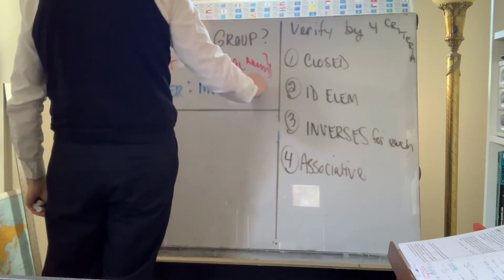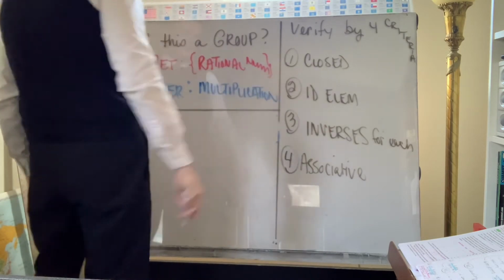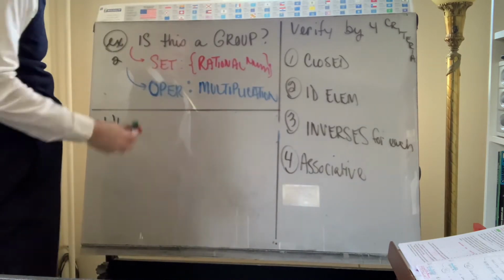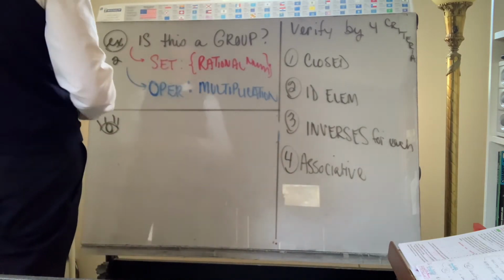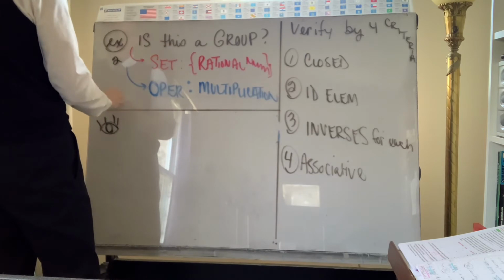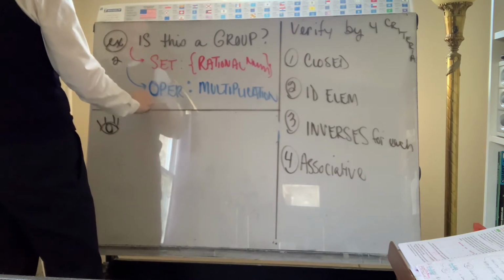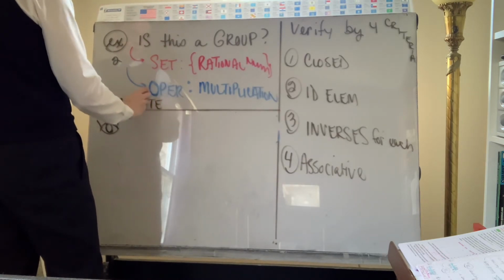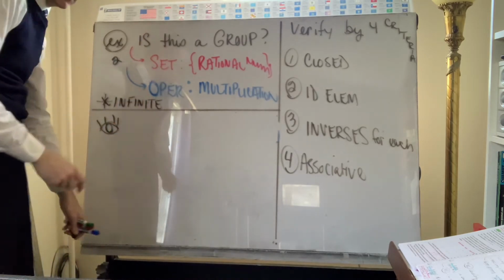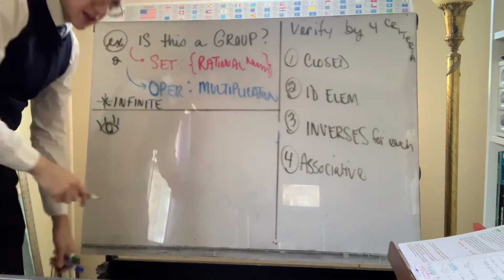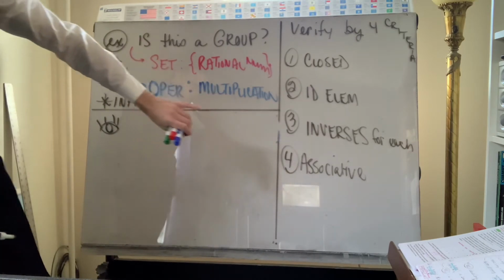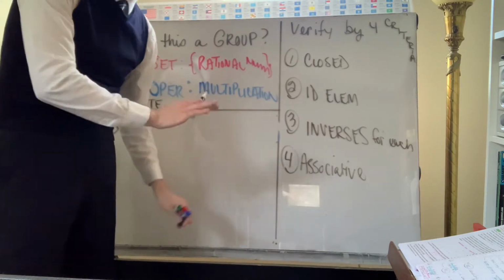Now again, because they're just specifying rational numbers, this is another situation where we're dealing with something that is infinite. So in theory, we really can't do everything, but we could check a few things. If we get to the point where we're checking the associative property, we'll do a few.